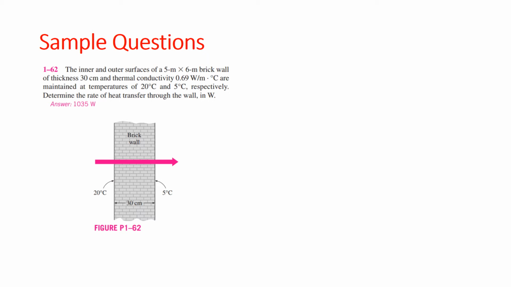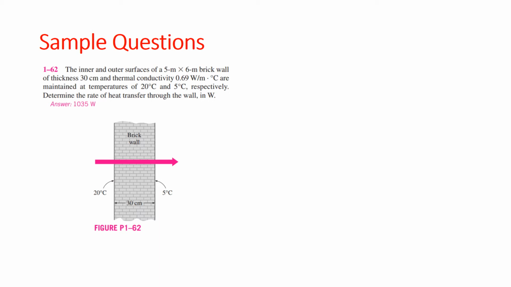So in this tutorial part, like I told you before, I have taken two questions. Let's see the first question. The inner and outer surfaces of a 5 meter by 6 meter brick wall of thickness is also given. Thermal conductivity is given.